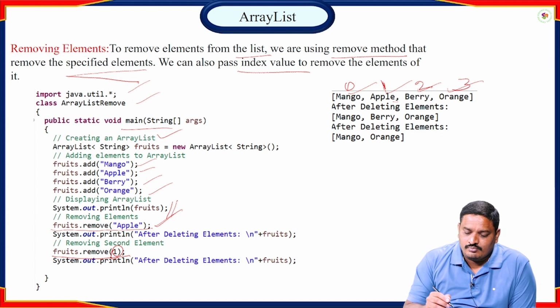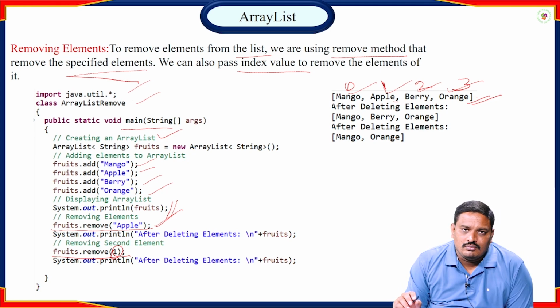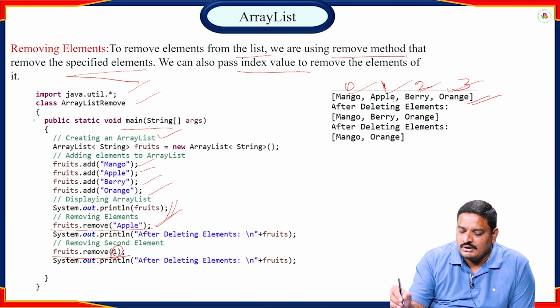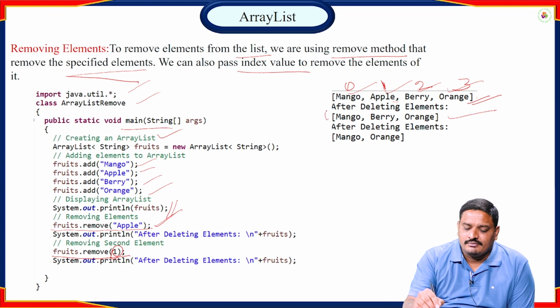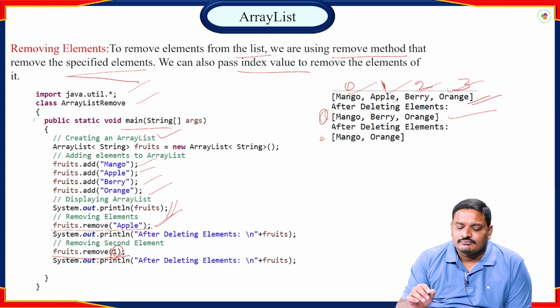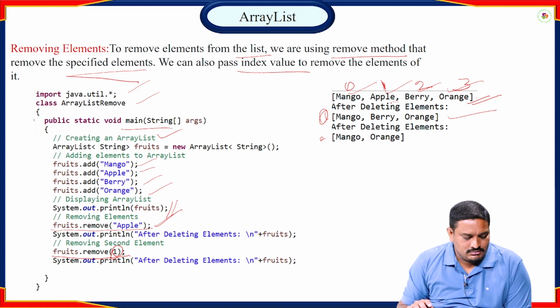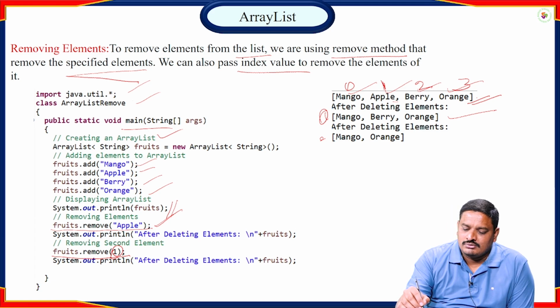Now, see this output. This is displaying the ArrayList. After displaying, the apple element will be removed by using the element, and the remaining elements will be displayed. Okay, that is the first one. The second one is the element is also deleted by using the index value.